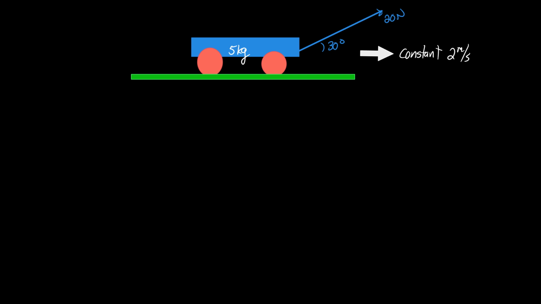What is the size of the frictional force and normal force acting on the wagon? I don't know if you can do all of that, but you should be able to do step 1 and step 2. Let's start with step 1.